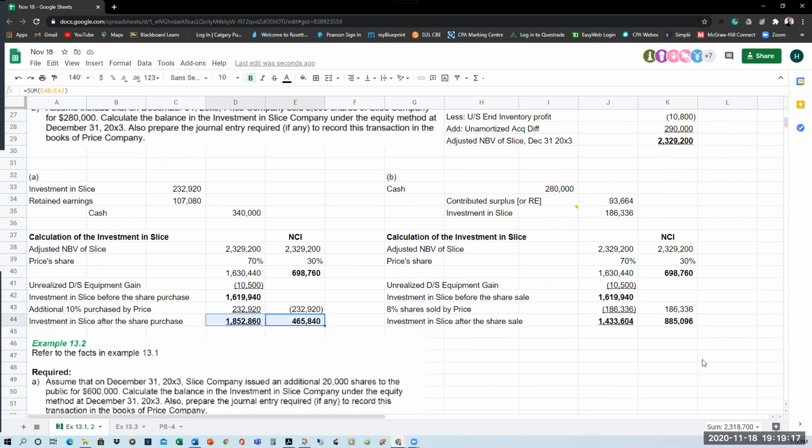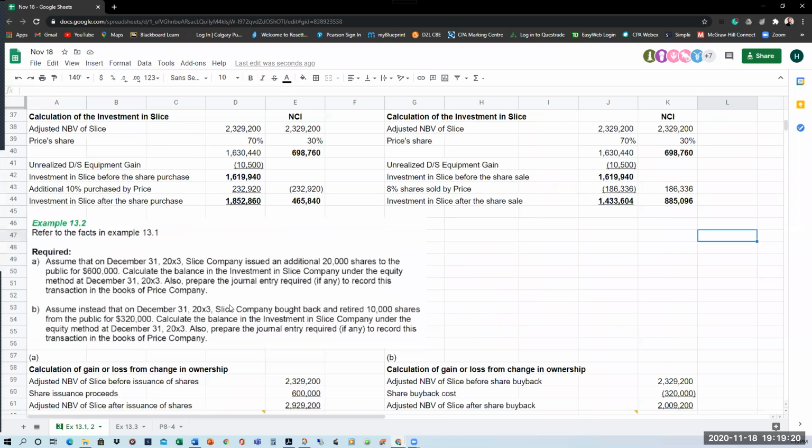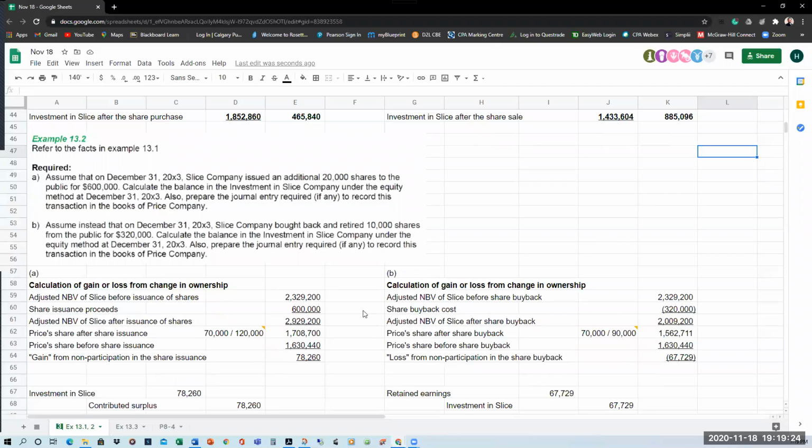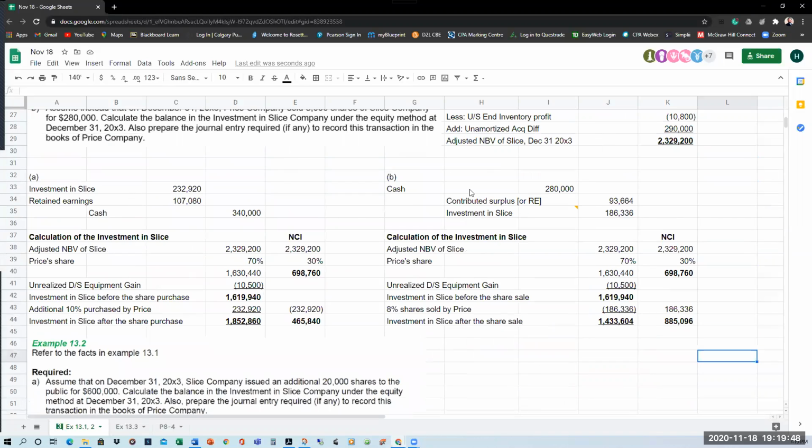It remains constant. What happens if the subsidiary were to issue shares or buy back shares? The value of the subsidiary undergoes a change. So there is not only a change in the percentage ownership of the parent as a result, but also a change in the subsidiary's total value. This makes this scenario, the subsidiary issuing shares or buying back shares, a little different from the earlier one.